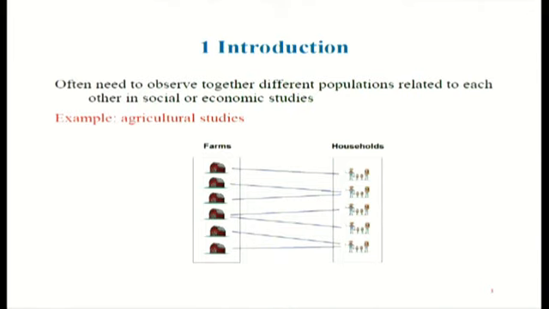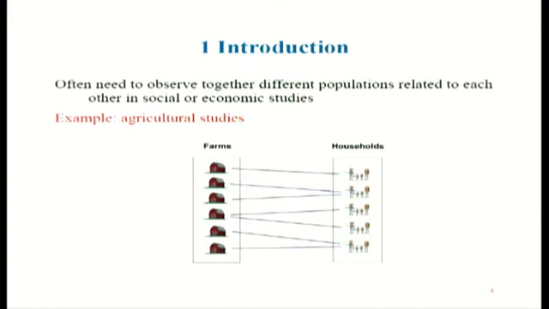The problem, the introduction: often we need to observe together different populations related to each other in social or economic studies. In agricultural studies, we observe the farms, and we need to observe the households related to farms. For instance, in farms, we observe the productivity of the farm.